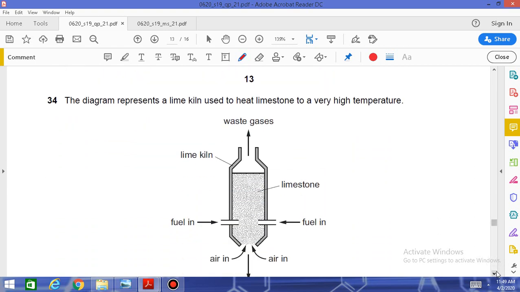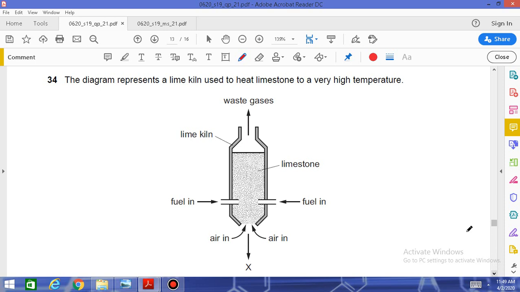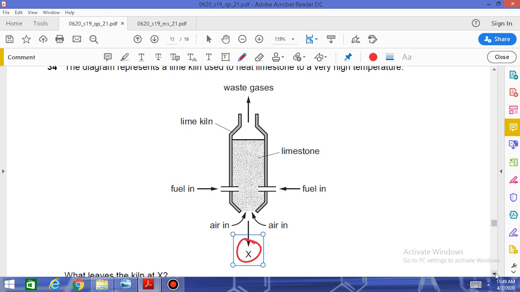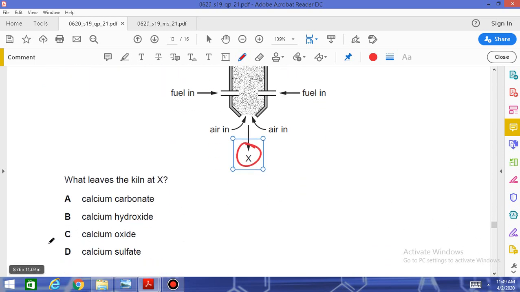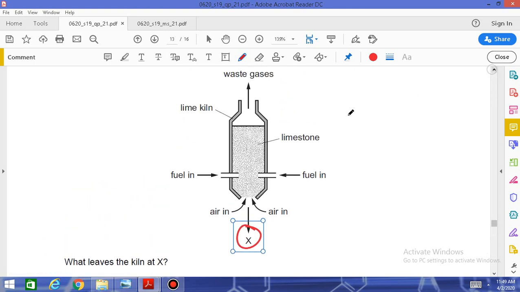Okay, 34. Limestone is heated. The product is calcium oxide. Limestone is calcium carbonate. The chemical formula of limestone is calcium carbonate.